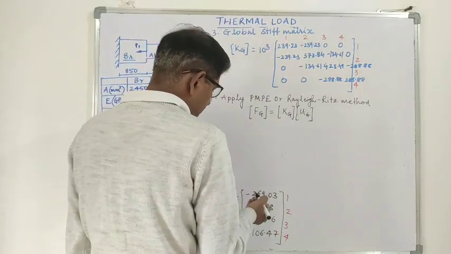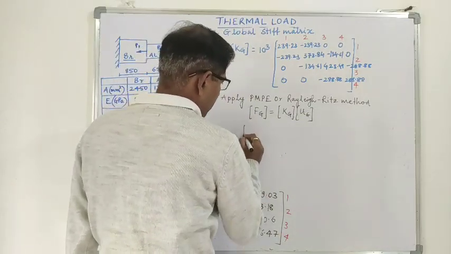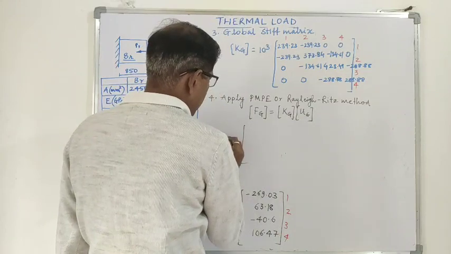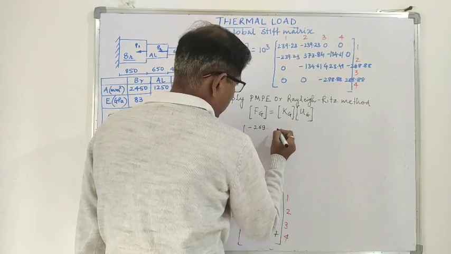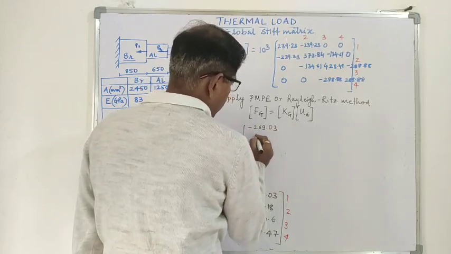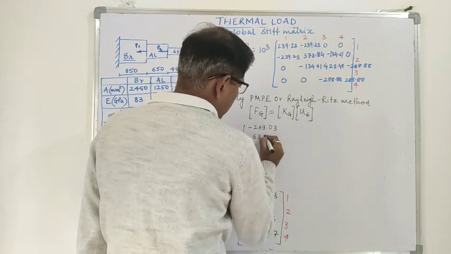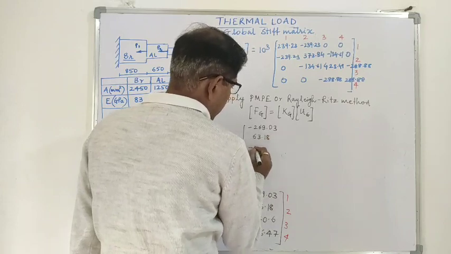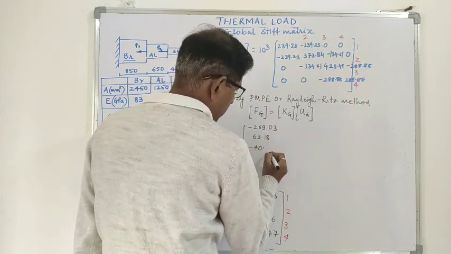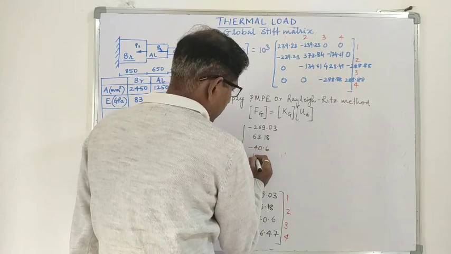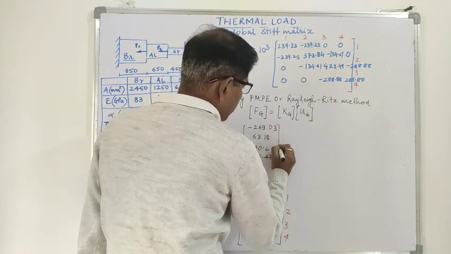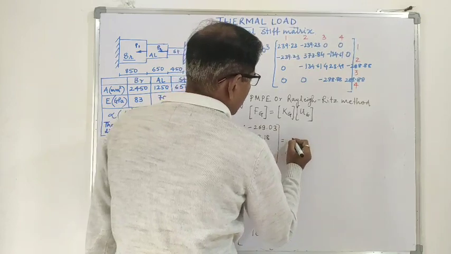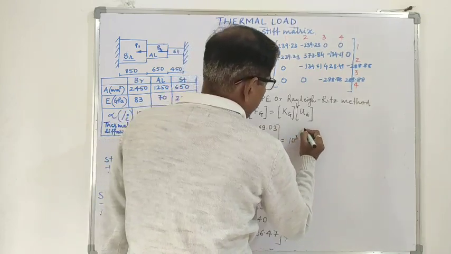The global force matrix is this one: 10 to the power 3, minus 269.03, 63.18, minus 40.6 and 106.47, equal to 10 to the power 3.